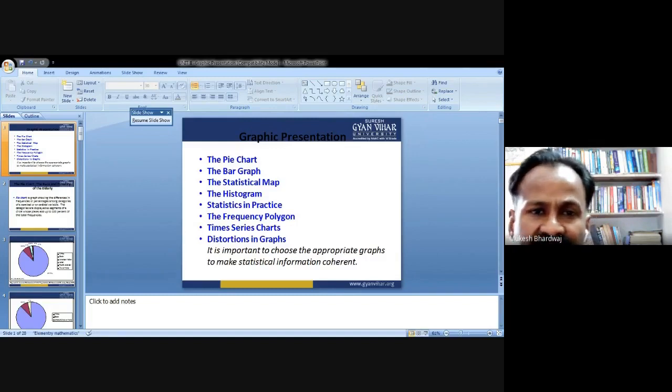The statistical map is the geographical distribution. See this, this is the map. And in this map, each state is mentioned, and in the states, we mention the data through the colors.